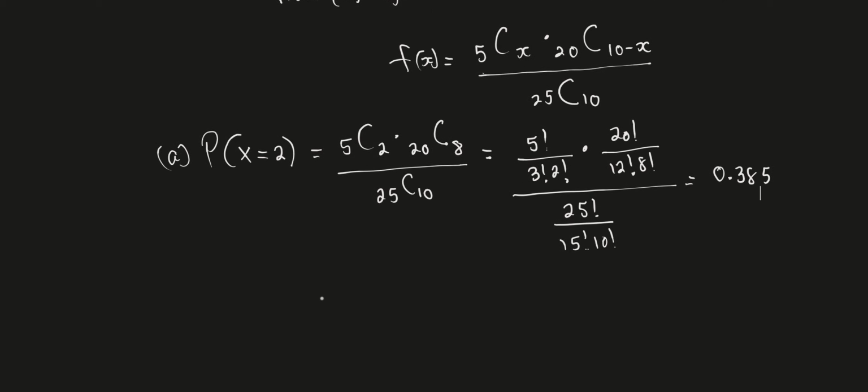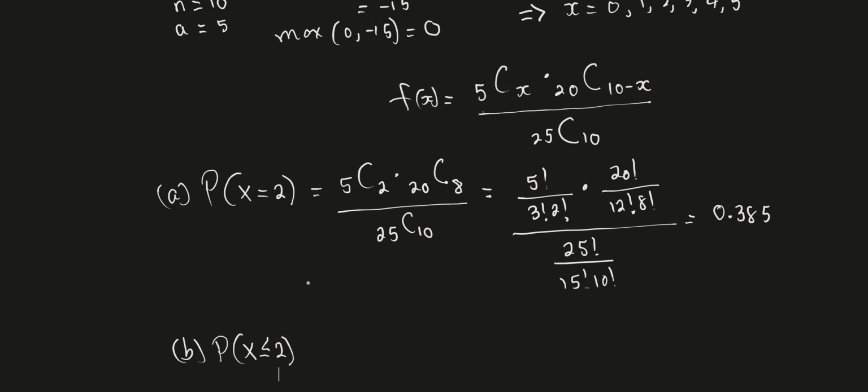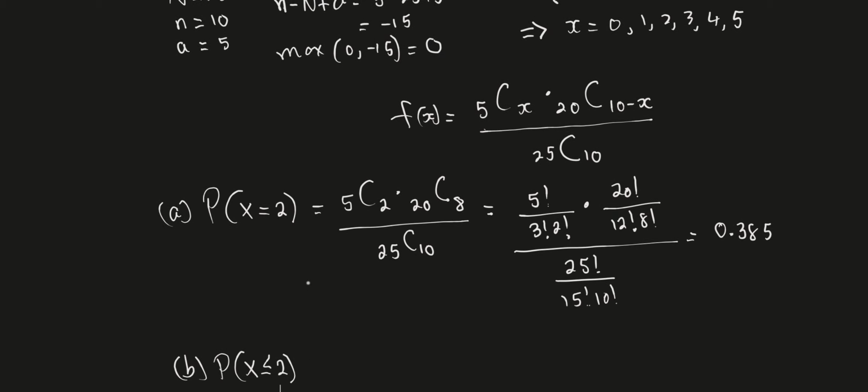Now, suppose we wanted the probability that x is less than or equal to 2. This is where this information is helpful, and you can decide: is it easier for me to accumulate the probabilities stated in the inequality, or is it easier to consider the complement?